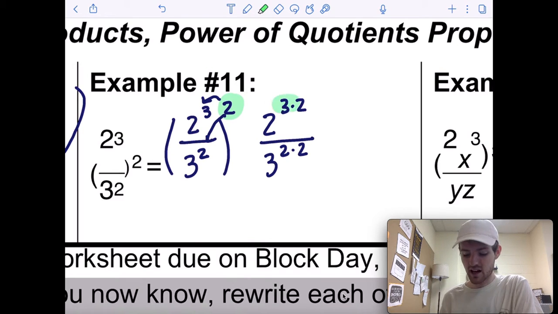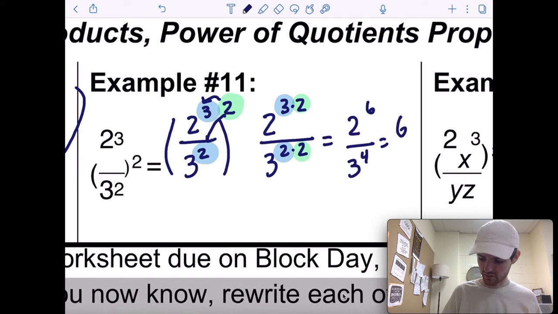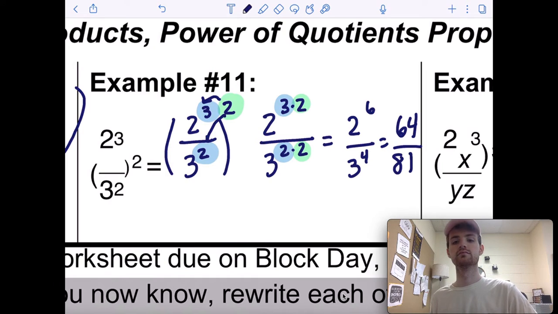So here I'm doing 3 times 2 and 2 times 2, which is 6 and 4. I type that in. That gives me 64 over 81. Cha-ching.